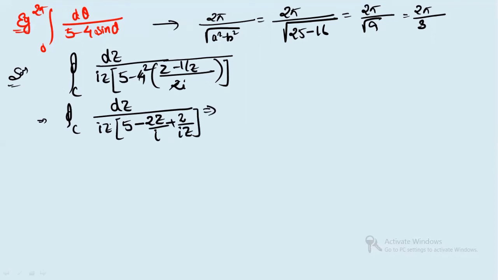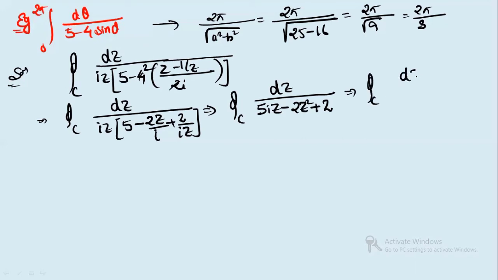Now you have to just multiply this iz. So contour integral dz by, if you see here, the first term is 5 iz. Second term will be minus 2z square plus 2. Okay. Which can be written as close integral dz by, here you will write minus 2z square.